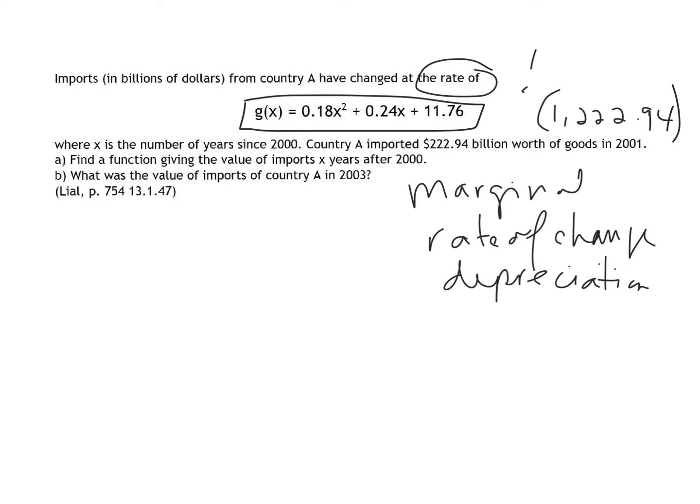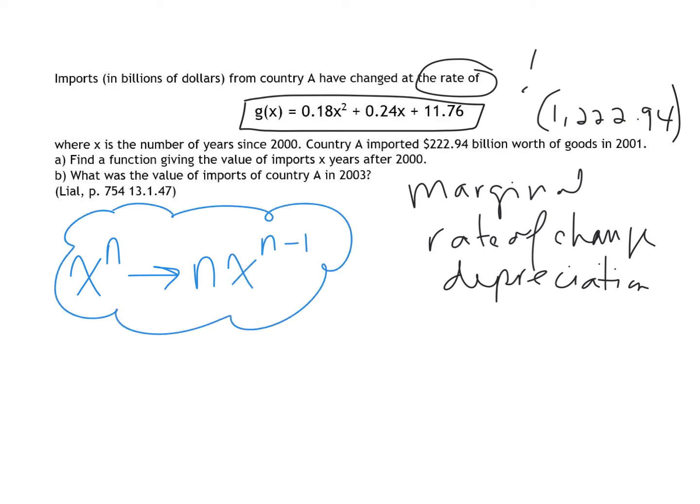We look at those three terms and we say, well, it's power rule, or well, constant. We have a constant at the end, but it was power rule that got us there. So I'm going to put a little reminder: power rule, x to the n, the derivative is n x to the n minus 1. But now we're going this way, right? So instead of subtracting 1 from the exponent, to reverse it, we're adding 1.